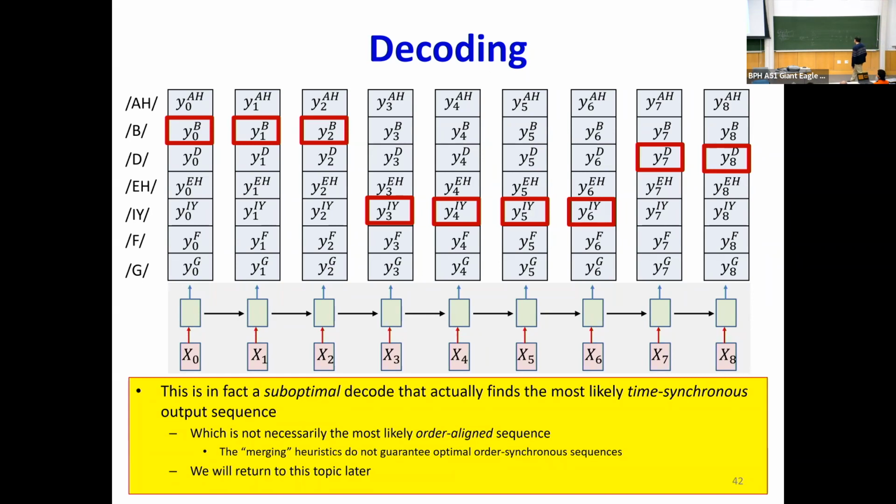I could have had something like this. And that too is going to be an AB. So if I want to evaluate the probability of the sequence AB, I have to consider all possible ways of producing AB for that particular input and sum over all of these, and then pick the symbol sequence for which this sum was the largest. We are not doing that. So this is not necessarily the most likely symbol sequence. It's a greedy answer. Okay.